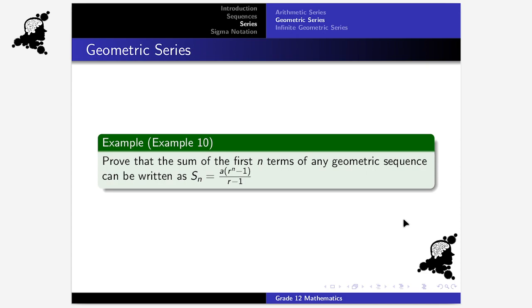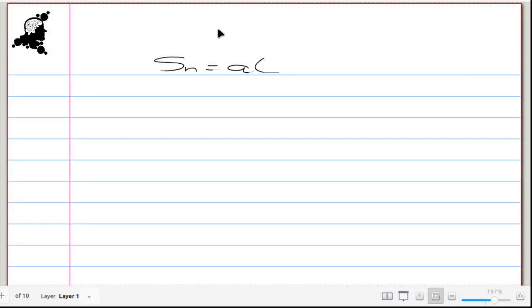And in the next question, we're supposed to prove the sum of a geometric series. So let's open a new sheet of paper. Sn is equal to a into r to the power n minus 1 all over r minus 1.